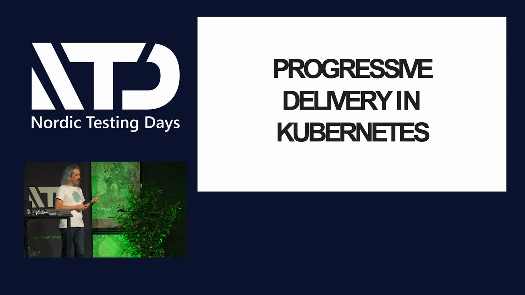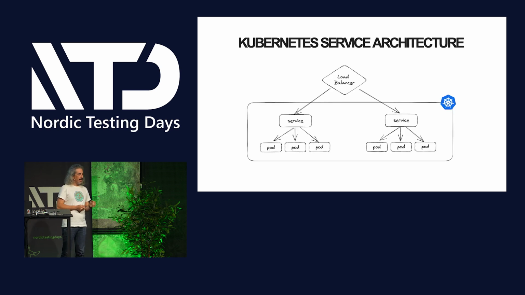Now, progressive delivery on Kubernetes. For those of you that are not so familiar with how Kubernetes services work, typically you have a load balancer outside of the Kubernetes cluster if you run on the cloud, because everybody runs on the cloud, right? You have services that are fronting pods.